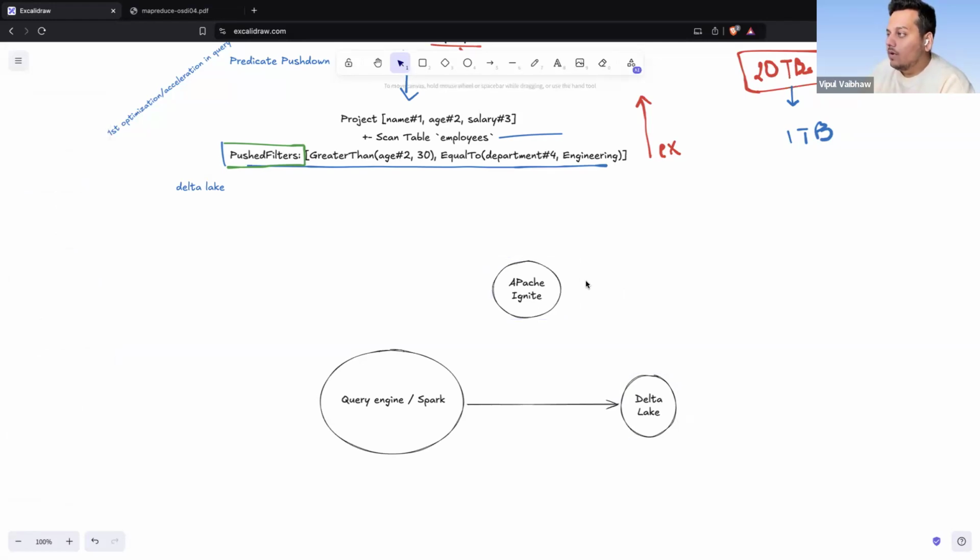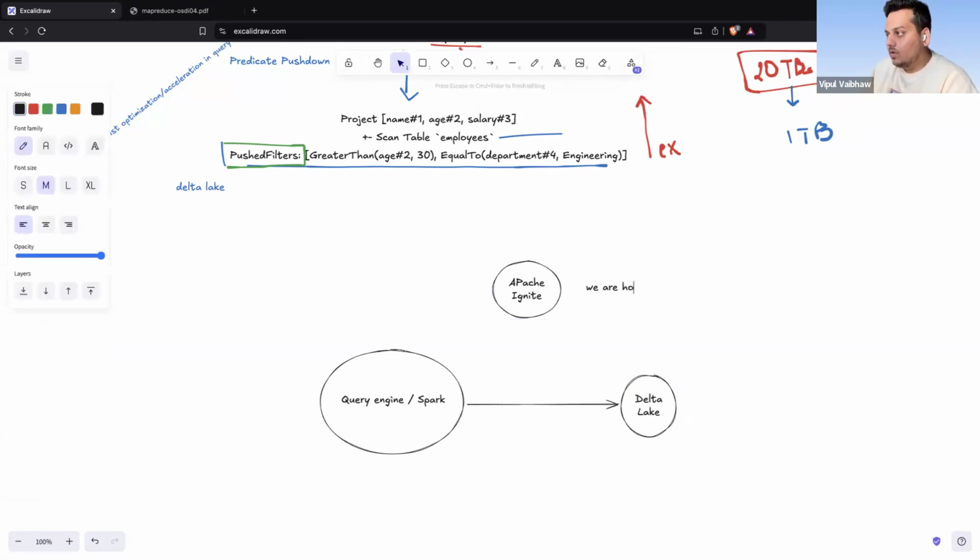We are holding some data in memory for supporting fast writes.